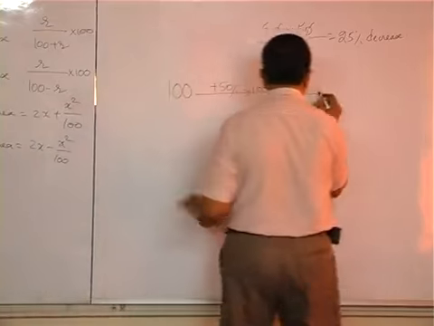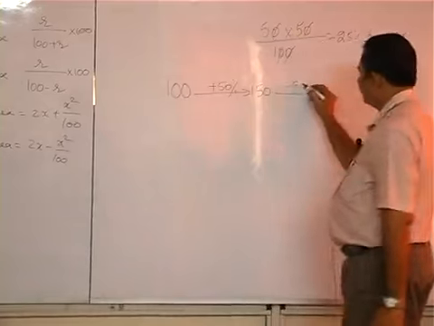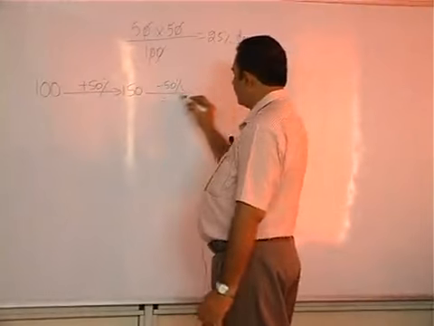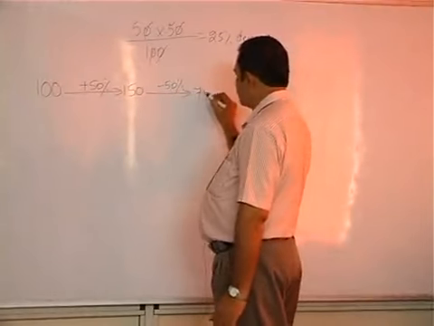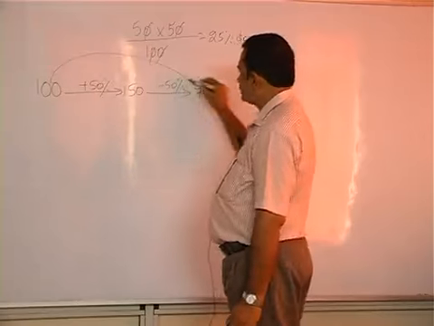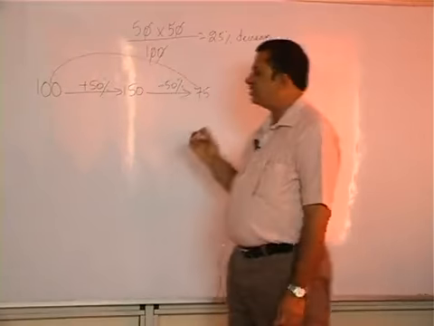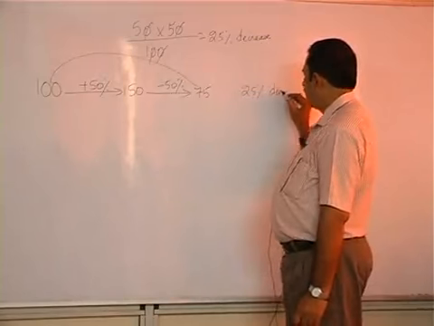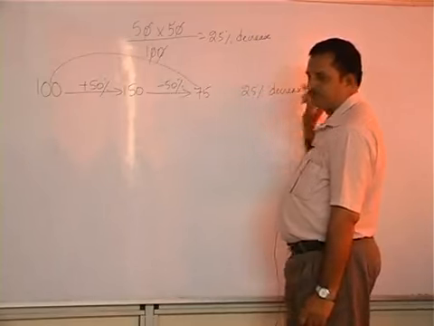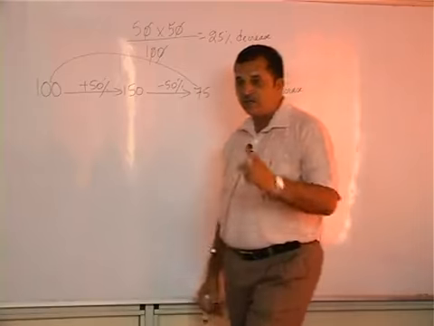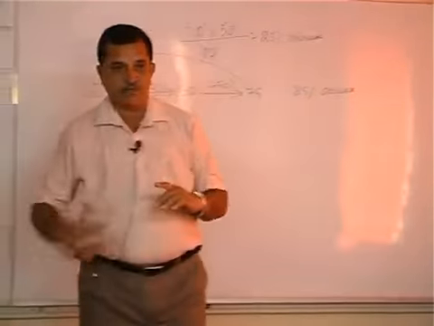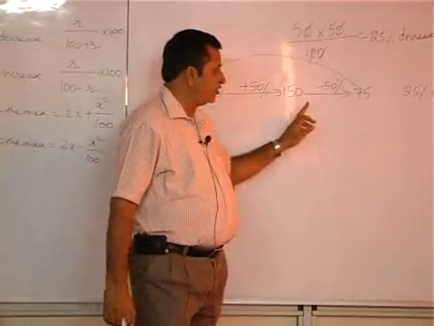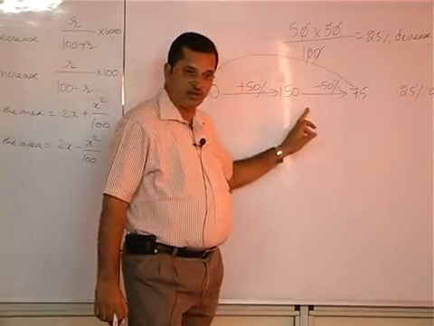Again decreased by 50% means 50% of 150 is 75. So 100 salary has become 75, which means 25% decreased. For equal values, you need not solve the problem. For unequal values, you have to go with this method.